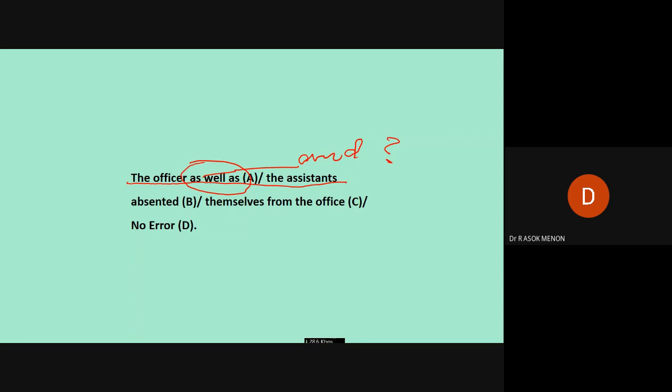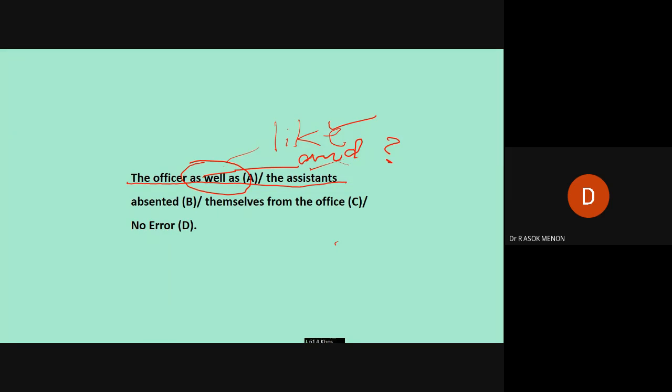The officer as well as the assistants, in fact, means the officer like the assistants. It is actually like, not and. So and is wrong.